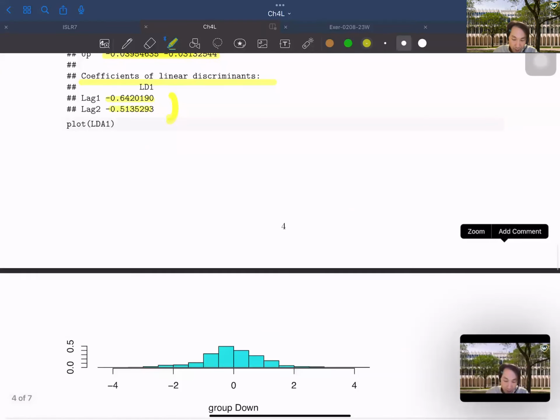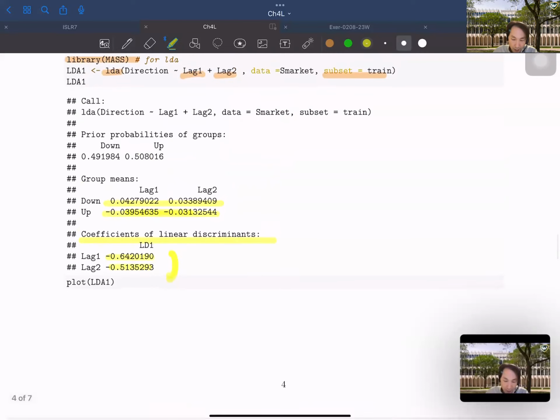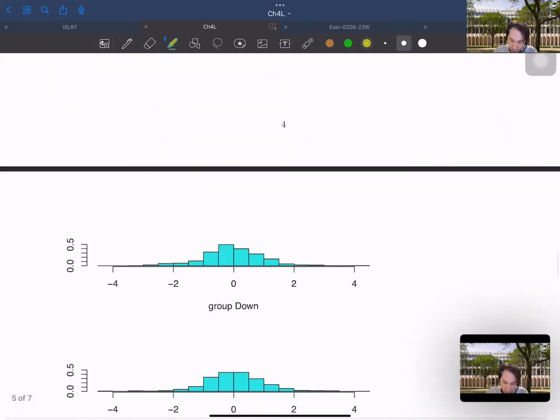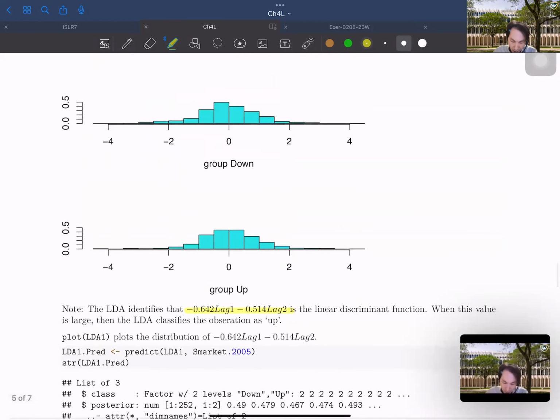This model is what? Plot LDA1, group down, group up.